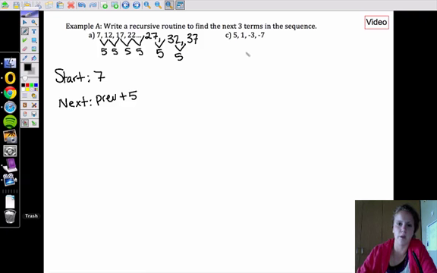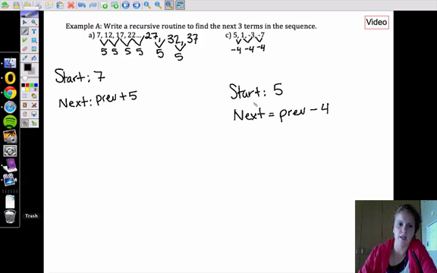to find the next 3 numbers. Okay, so moving on over here, we're going to write our recursive routine. We start here at 5, and then our pattern here, we're going down by 4 each time, I'm noticing. And so next is going to equal previous minus 4.